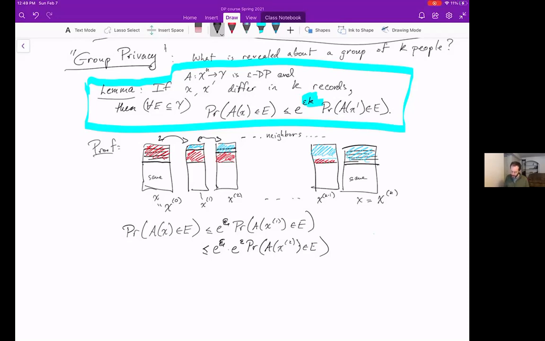And so at each step in the chain, you're picking up a factor of e to the epsilon.